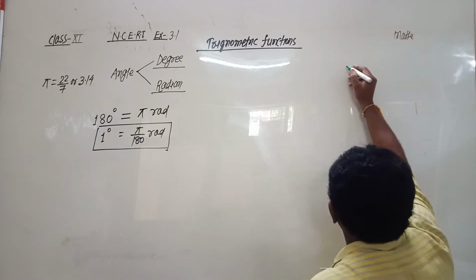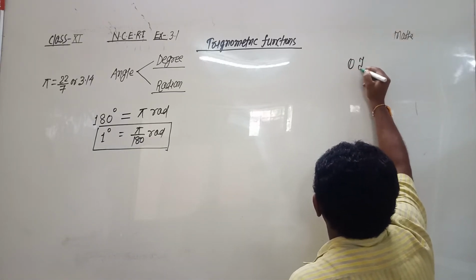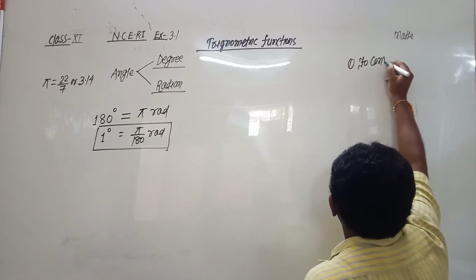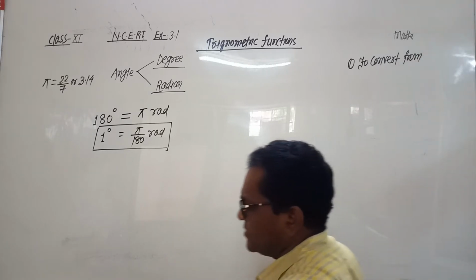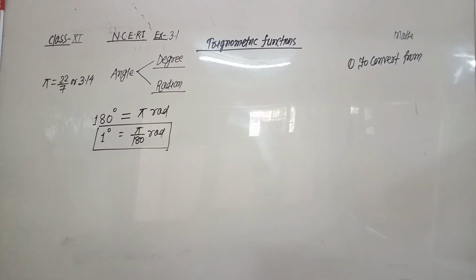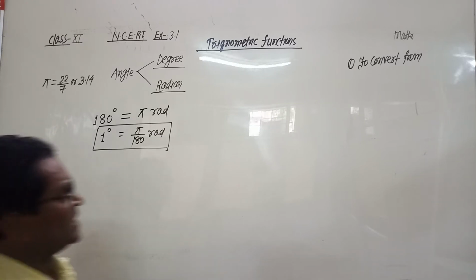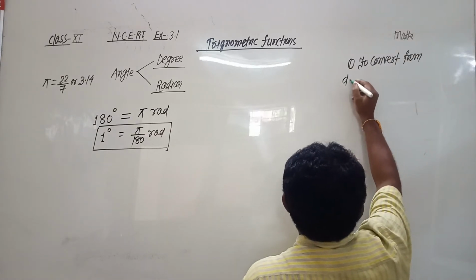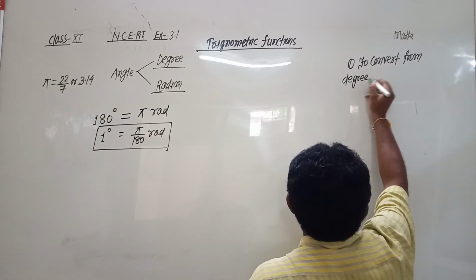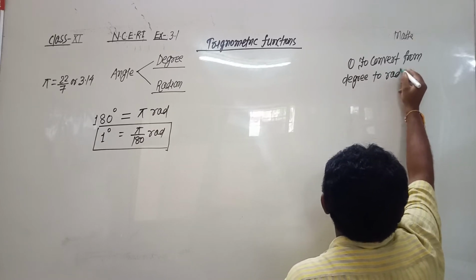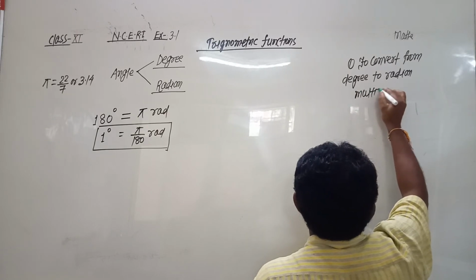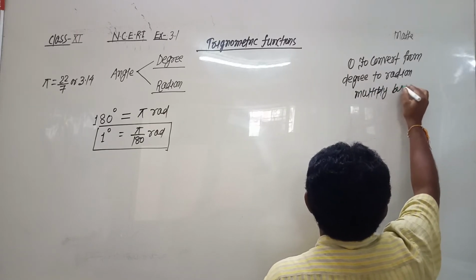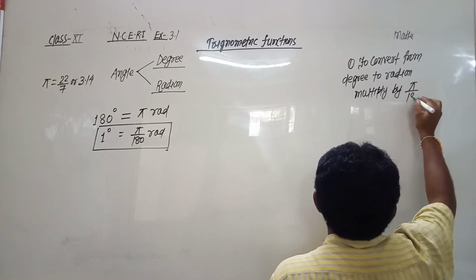So the first formula is to convert from degree to radian: multiply by pi by 180.